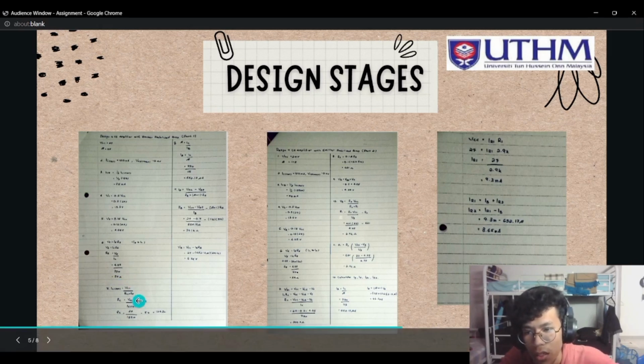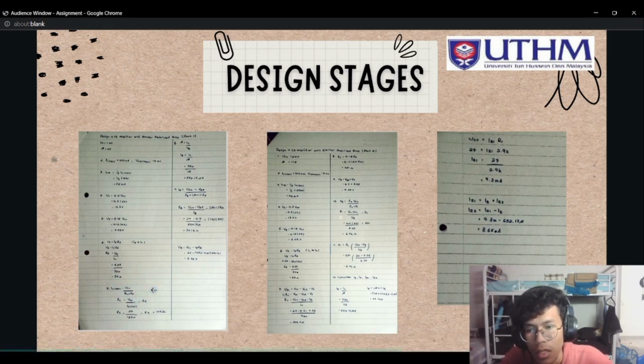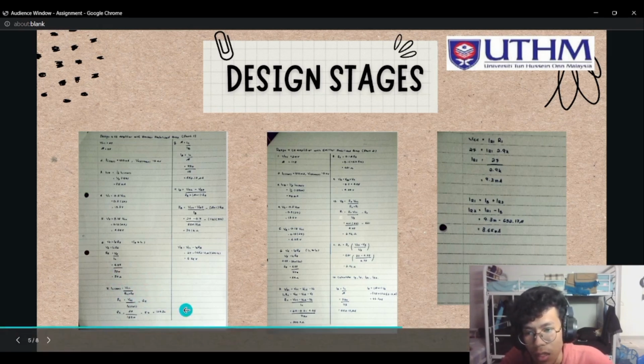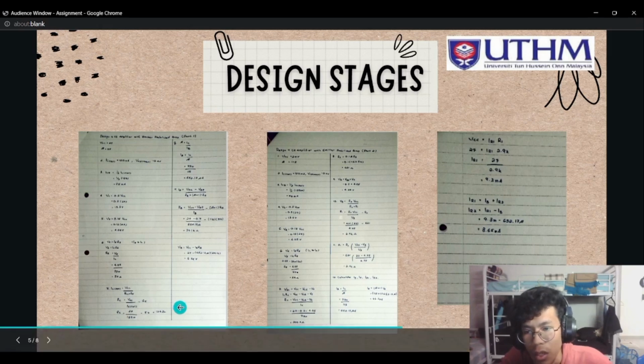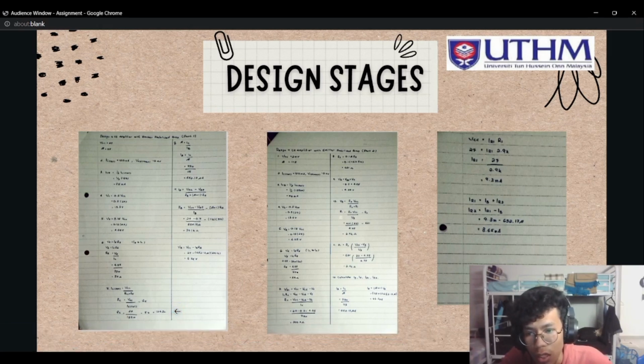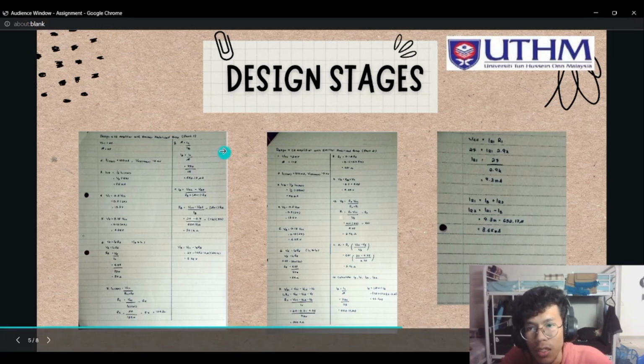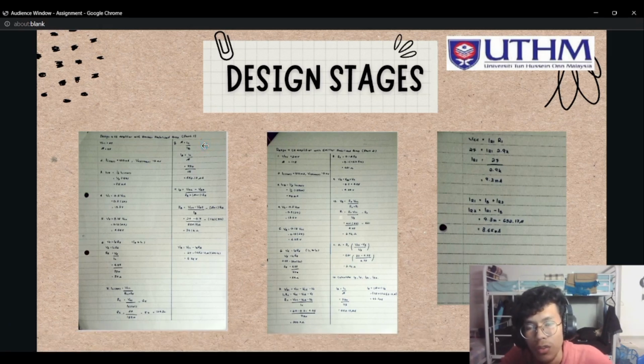After that, question 7 is to calculate the RC using the formula RC equals VCC divided by IC saturation minus VE. From the equation, the answer that we get is 26 ohm.